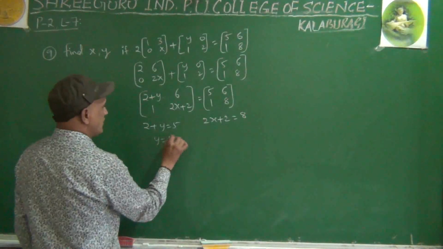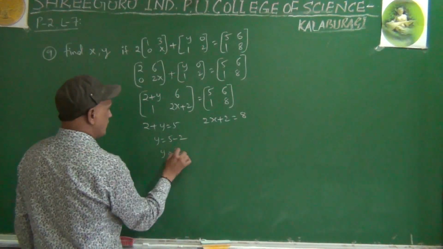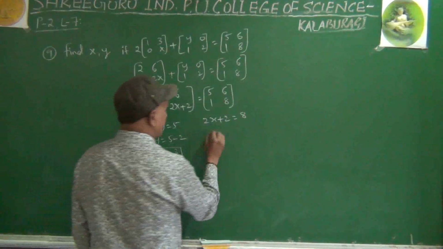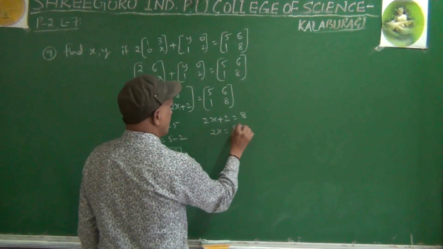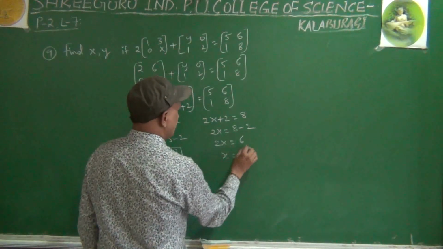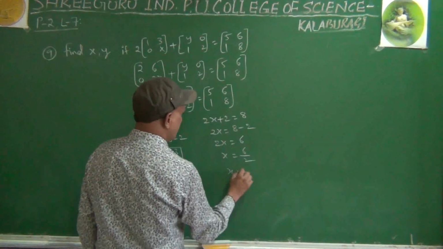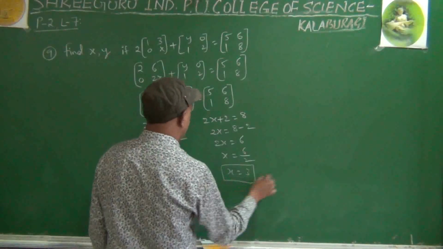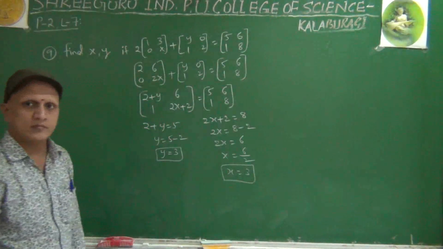Y equals 5 minus 2, y equals 3. 2x equal to 8 minus 2, 2x equal to 6. X equal to 6 by 2, x equal to 3. Right?